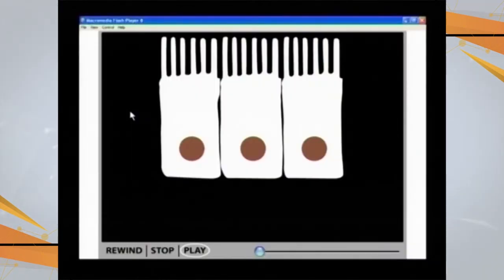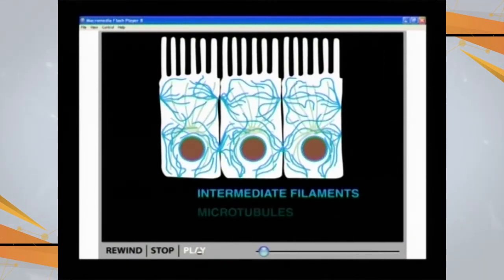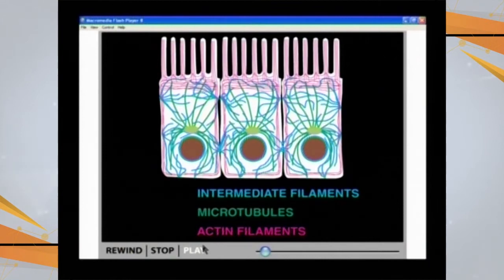Looking at one of the animations of these filaments, we will see how the different varieties of filaments, intermediate filaments, microtubules and actin filaments, fill the cells, maintaining the shape of the cell.